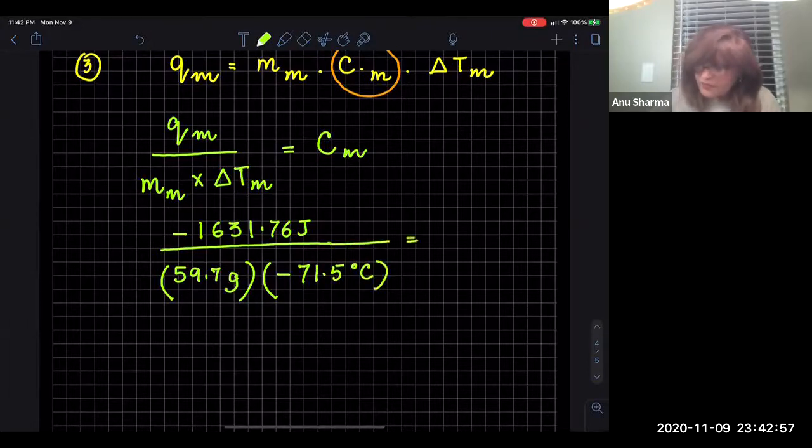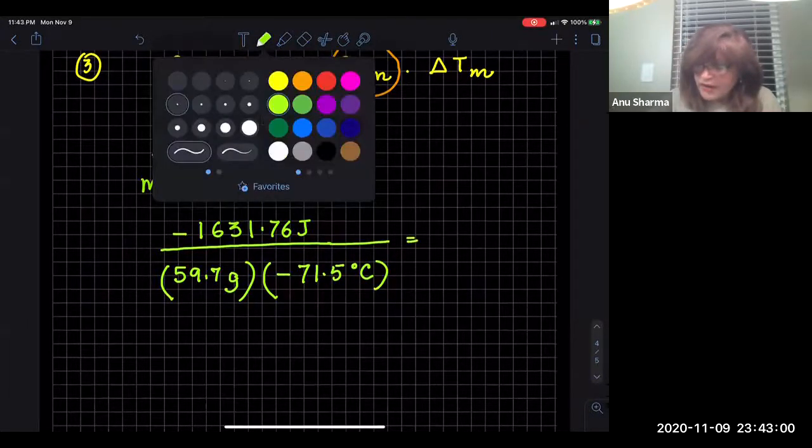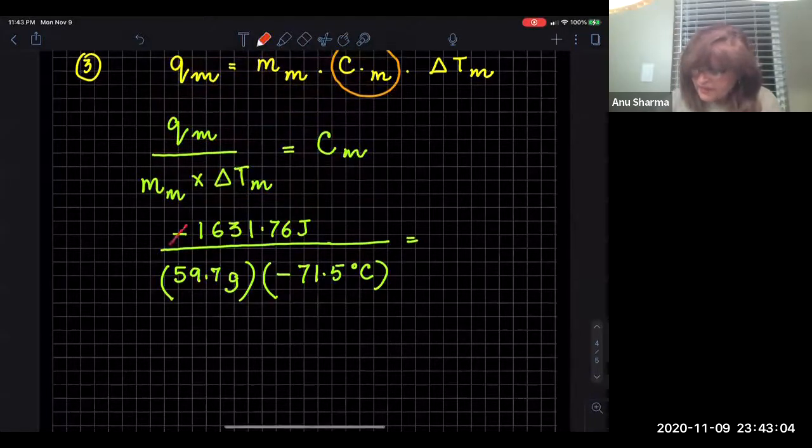Okay, so this whole thing now allows you to cancel out the negative signs.